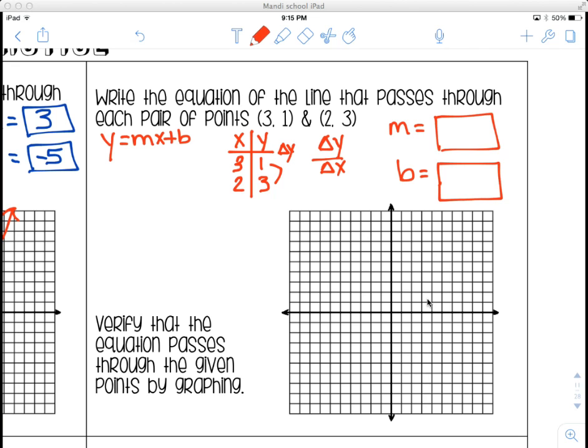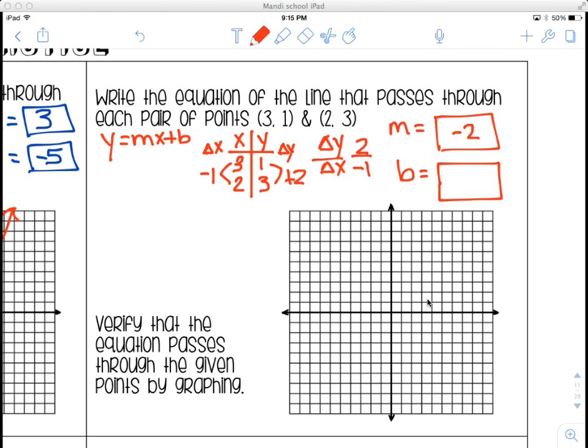From 1 to get to 3, you have to add 2. And from 3 to get to 2, you have to subtract 1. So this is my change in x. So change in y over change in x. Well, 2 over negative 1 is really just negative 2. 2 divided by negative 1.